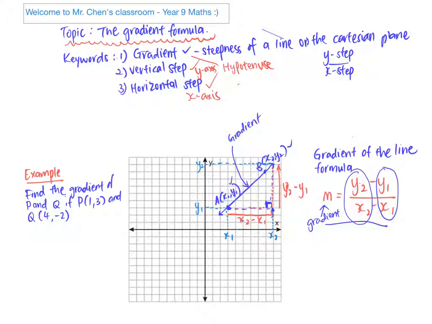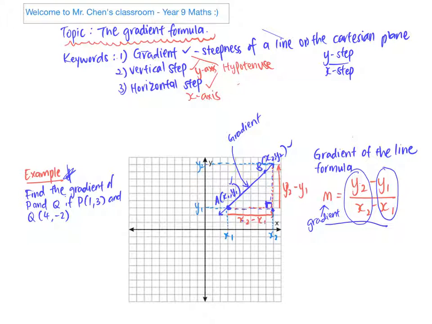The best way to show you is this. Find the gradient of P and Q, if P has a coordinate of 1 and 3, and Q has a coordinate of 4 and minus 2. Which of the coordinates do you decide to make the first coordinates, which has x1 and y1?